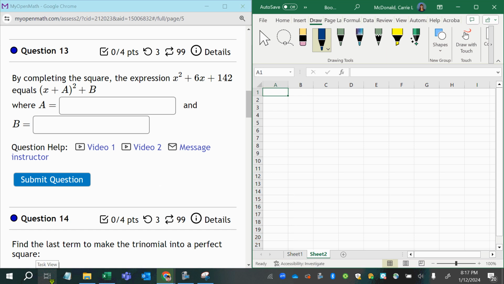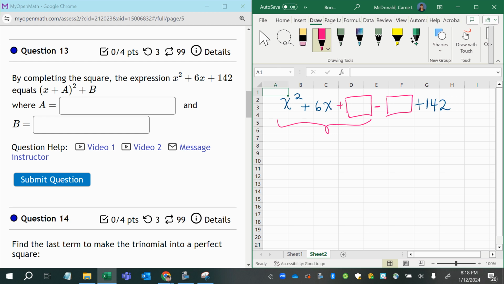All right, so we have x squared plus 6x plus 142, but I'm going to rewrite that 142 down here out of the way so that I can add something and also subtract that thing in order to make a perfect square trinomial right here.